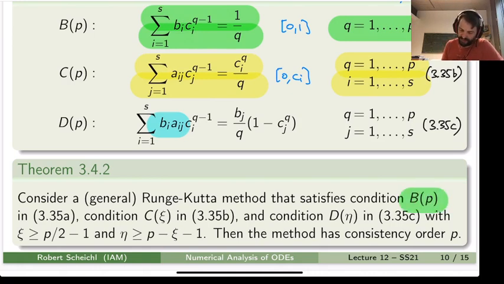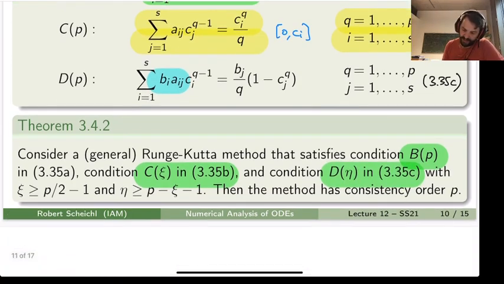We need to satisfy 335b with parameter xi, and we need to satisfy 335c with parameter eta. And the p, xi, and eta need to satisfy these conditions. If that's the case, then the method has consistency order p.